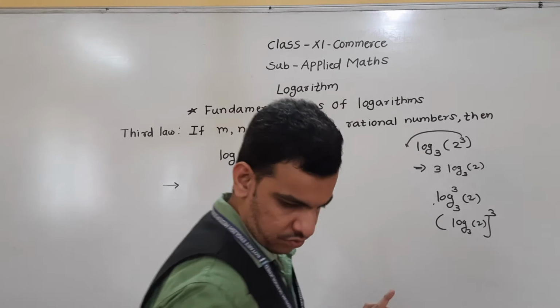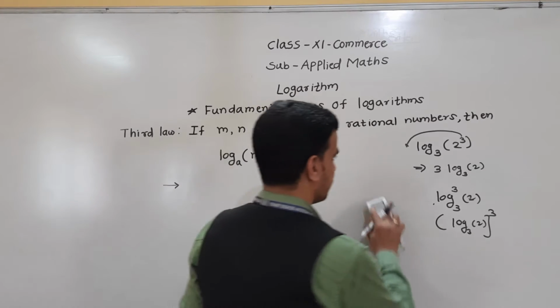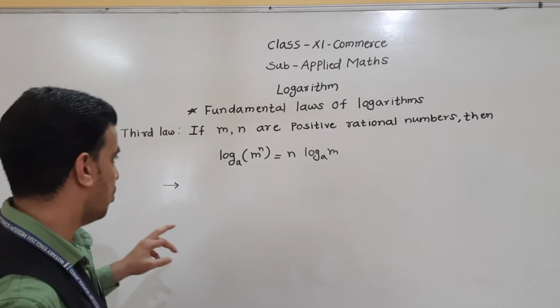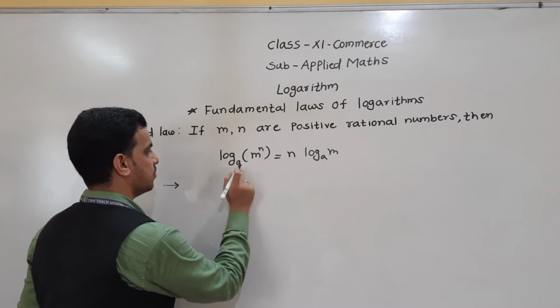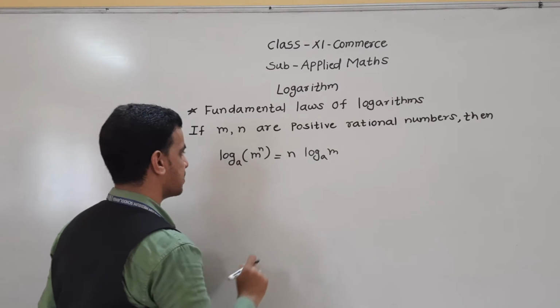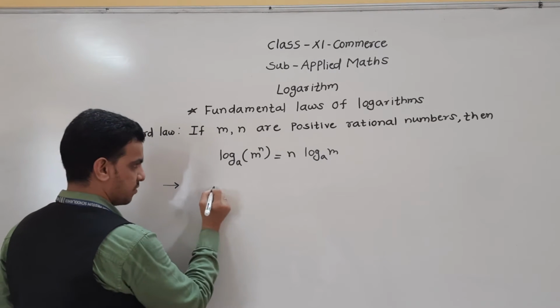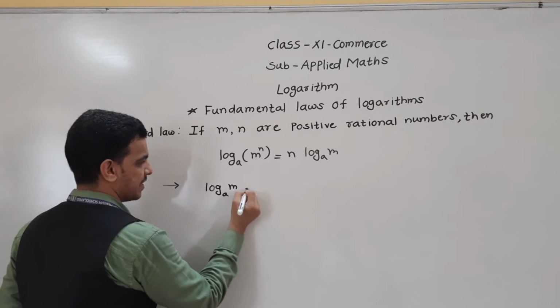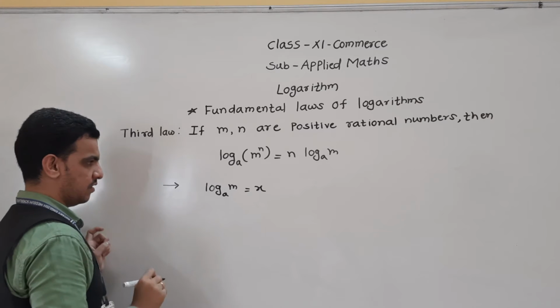Now we will prove this property. Log of m raised to n to the base a is equal to n log m to the base a. Suppose that log m to the base a is equal to x.